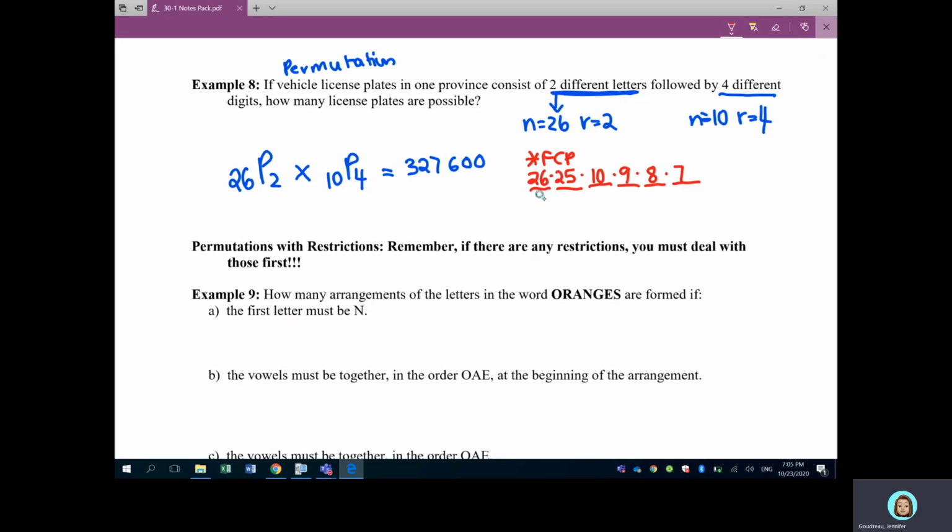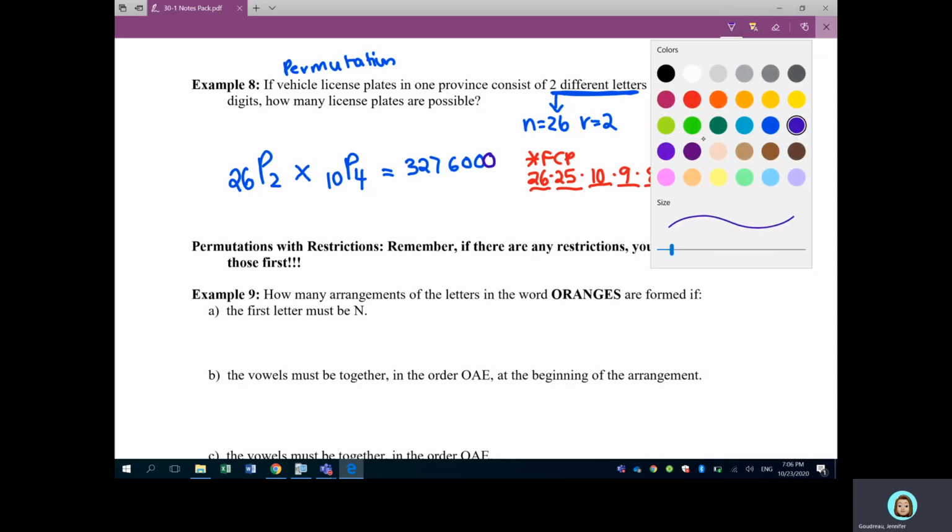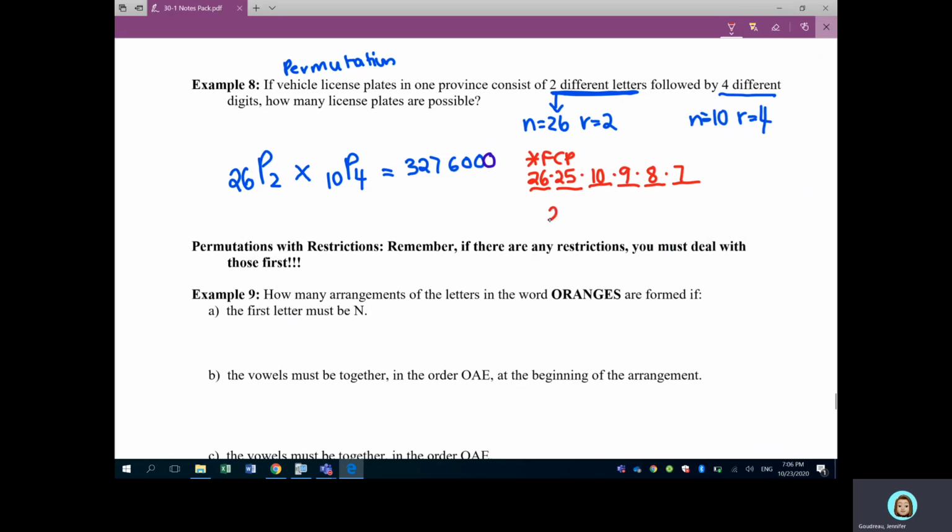We should get the same thing. Oops, I forgot a 0 over here. We should get 3,276,000 again. So we get the same answer whether we approach it using a permutation or using the fundamental counting principle, but you should be aware of how to do both.